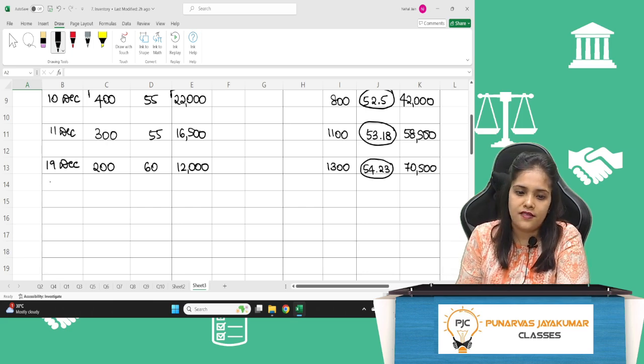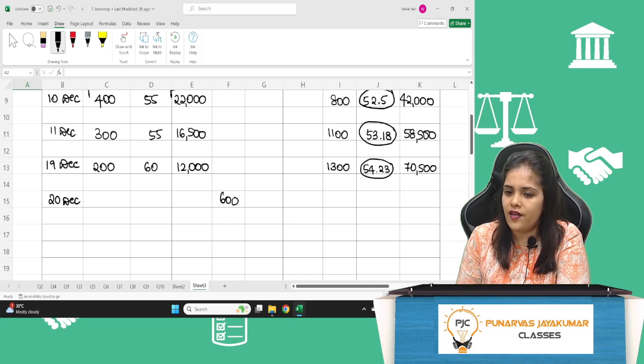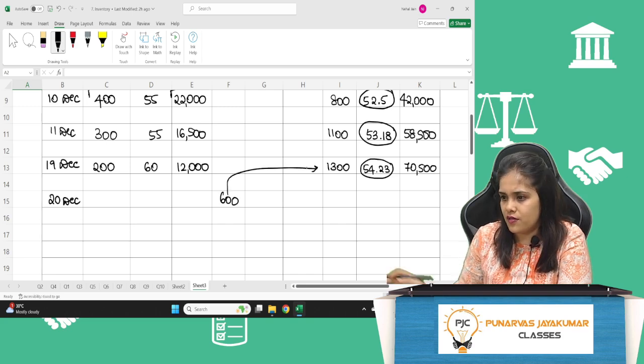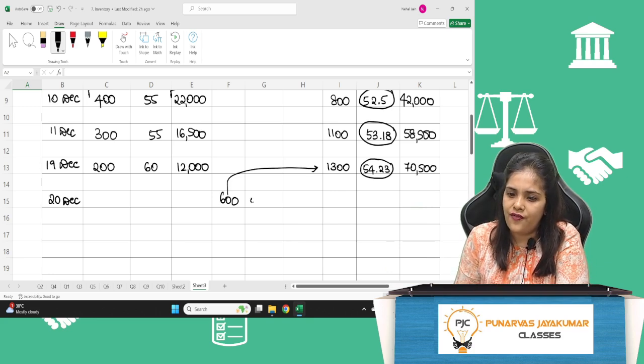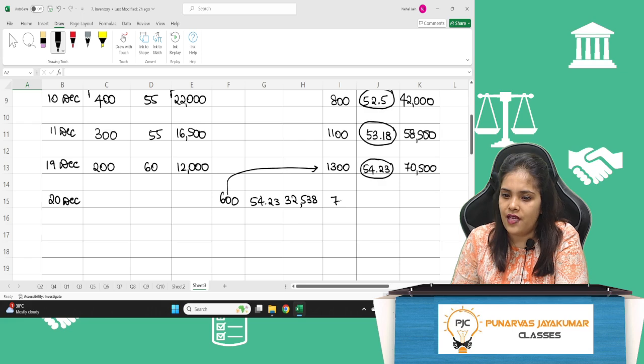Right? Next is, and here this. What is happening? 600 units. Where will it come from? The older one, right? At 50. The balance will be 700.